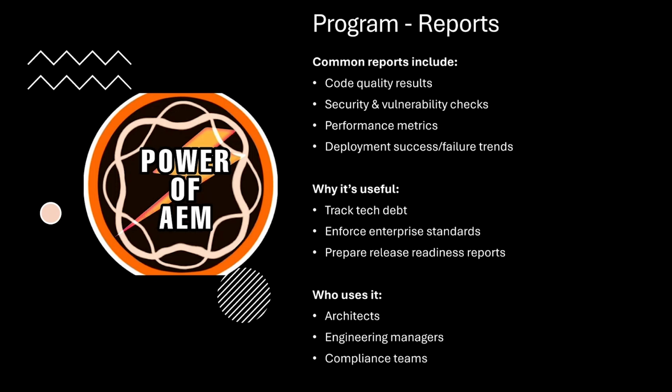These reports help us track the overall health of the environment, where we need to make improvements, and they also help showcase to management where we are in terms of readiness and adopting new features. Who can generally use that? The compliance team, managers, and the architects. Let's quickly see how many different reports are available and how we can leverage those.